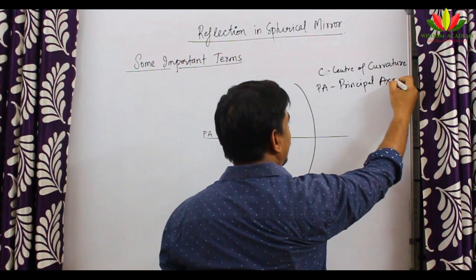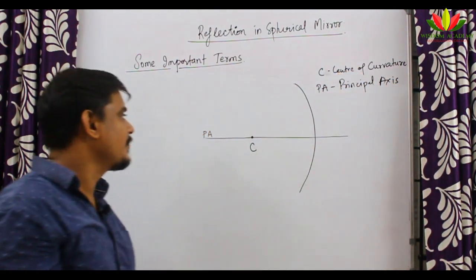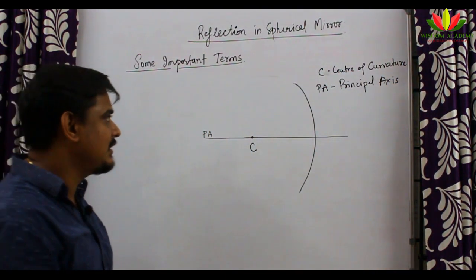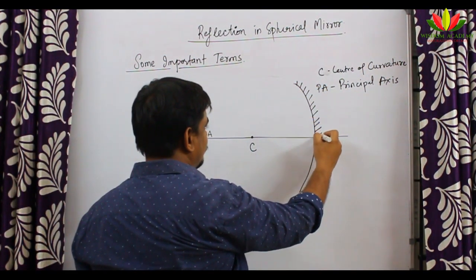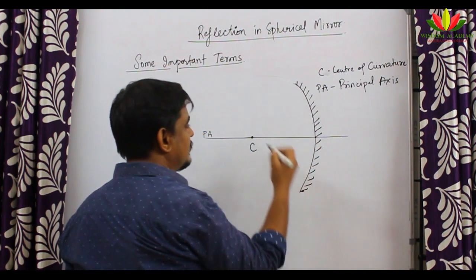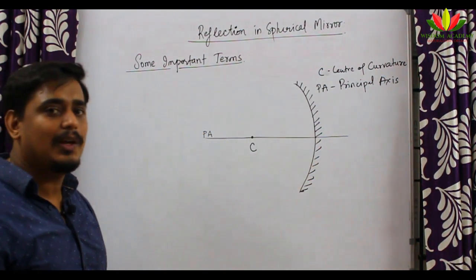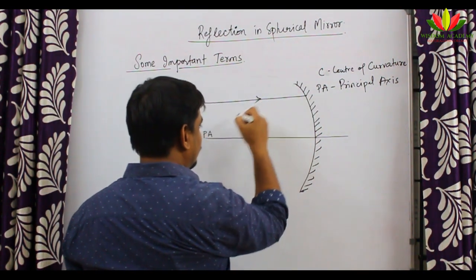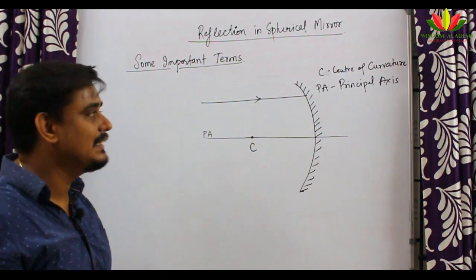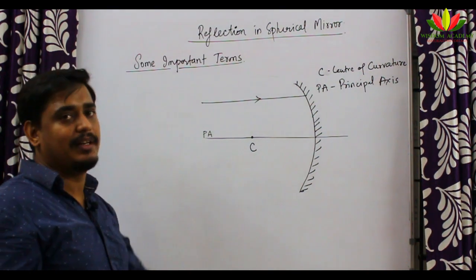Principal axis. Then there is the next point. Let me consider this mirror to be a concave mirror. Any ray coming from infinity, parallel to the principal axis, will pass through a particular point.